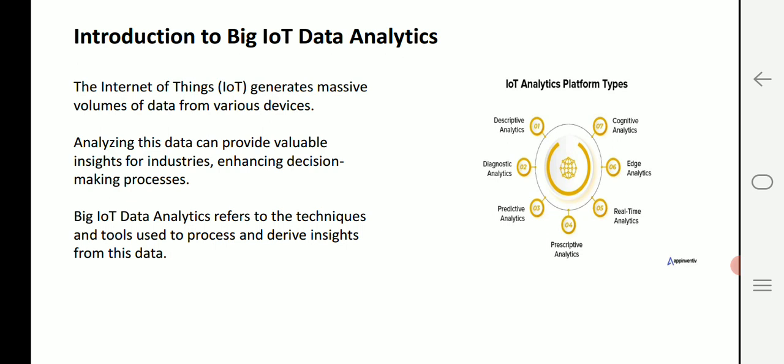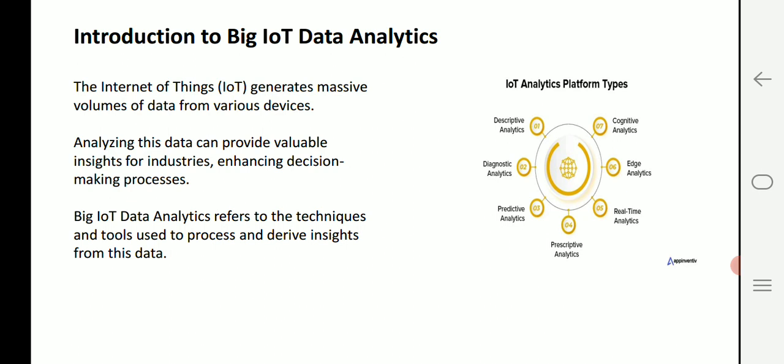There is no particular form of data. Analyzing this data can provide valuable insights for industries, enhancing the decision making process. So mainly it can be used in industries as well as the decision making process.